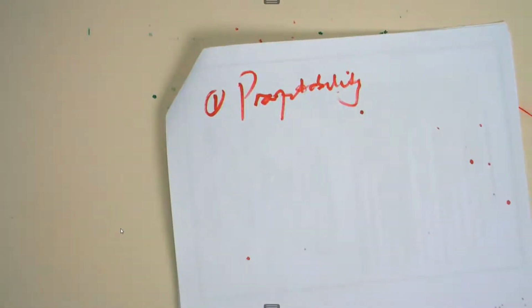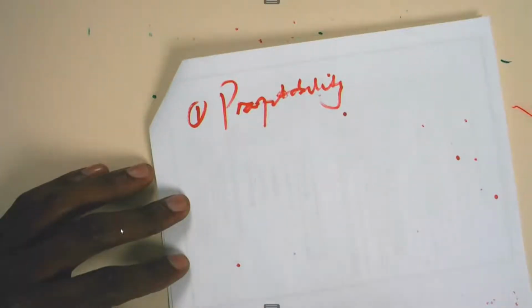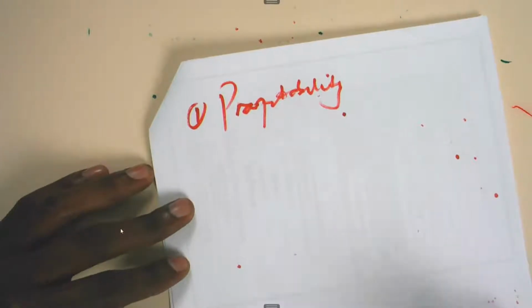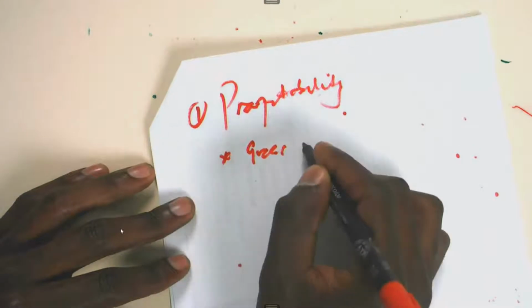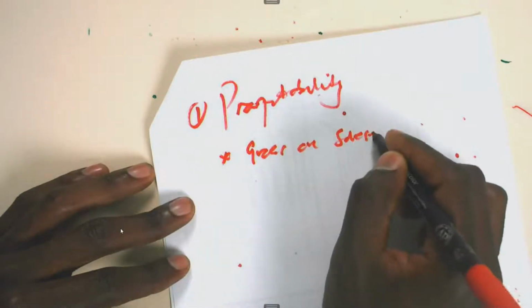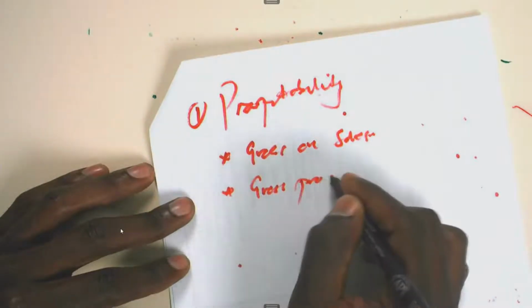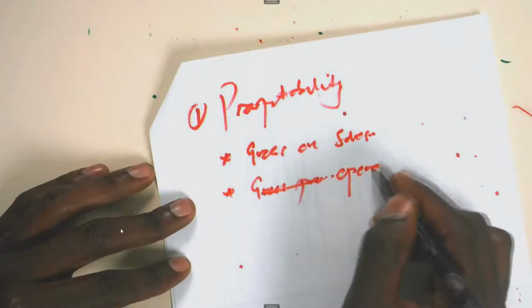So there are a number of ratios that we can mention, but I'm just going to mention a few of them that can tell you if the company is profitable or not. That could be the gross profit on sales, and we can also have the operating profit on sales.